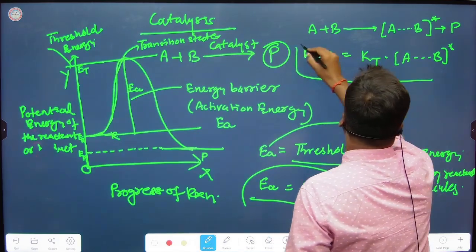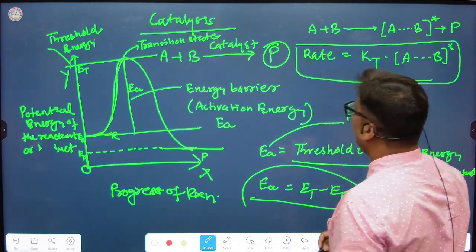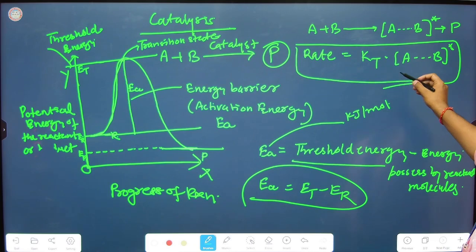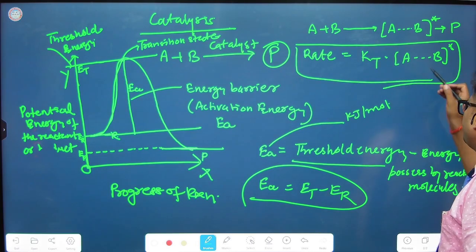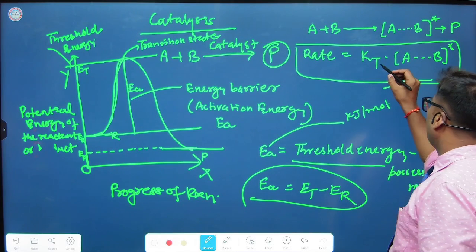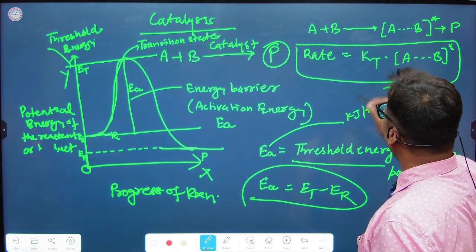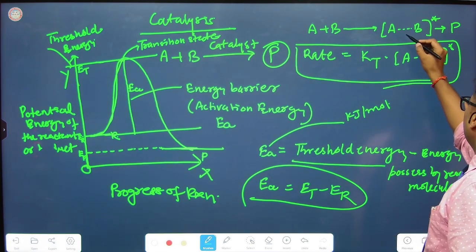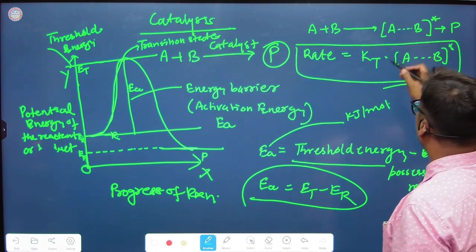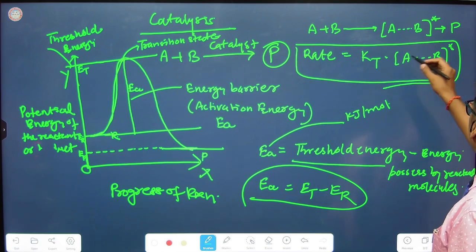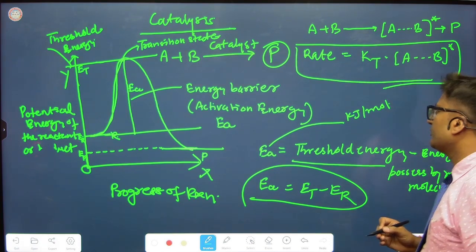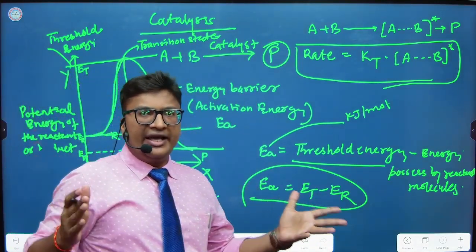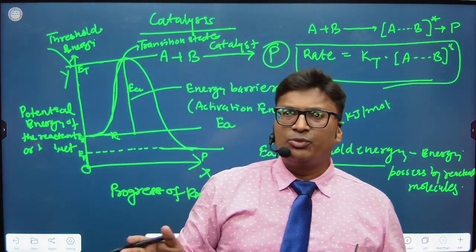So the rate of decomposition of the transition state is directly proportional to the concentration of the transition state and the rate constant of the transition state. So accordingly, this transition state can be converted into products. But what happens here? A reaction does not sometimes occur spontaneously.